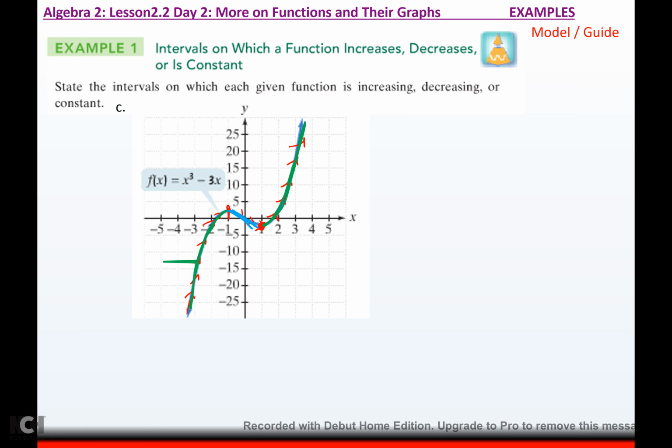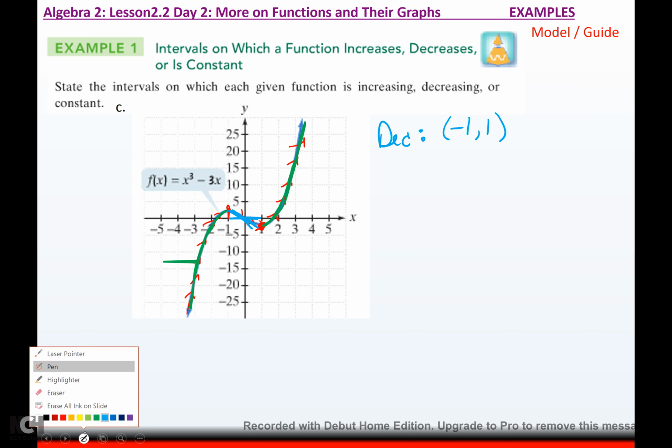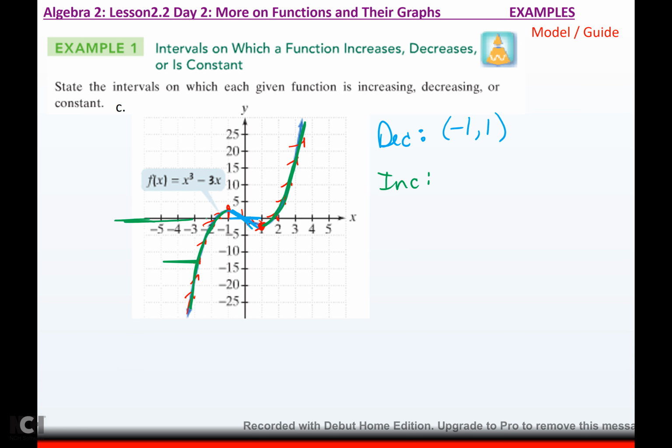Since I'm still in blue, I'm going to do my decreasing interval. That's from here to here on the x-axis. So it's decreasing from negative 1 to positive 1. Now my increasing is from here to here, which is negative infinity to negative 1, union, starting again at 1 and going to positive infinity.